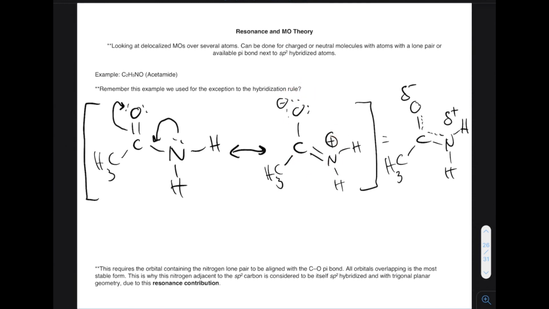So we know that this is the major resonance structure. And this is the minor resonance form. Right? And the important thing to know here is if the nitrogen was sp3 hybridized, it wouldn't be able to transfer its electrons into this bond here.